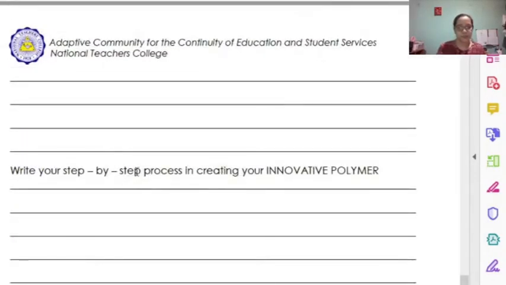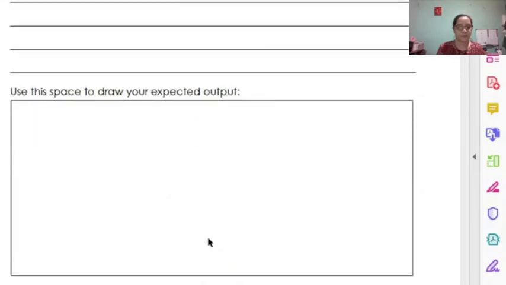Then write your step-by-step process in creating your innovative polymer. Don't forget to take pictures so that you may attach them to this step-by-step process. And then use this space to draw your expected output and then take a picture of your final output and attach it to this module.